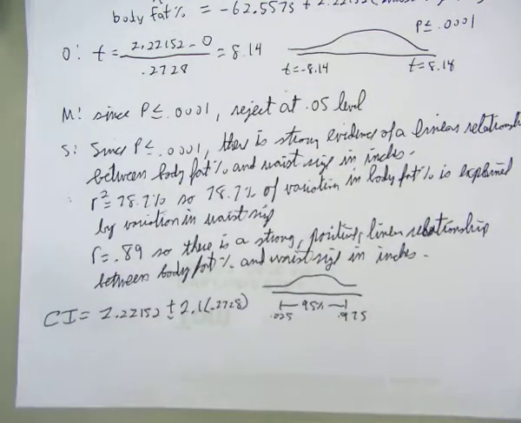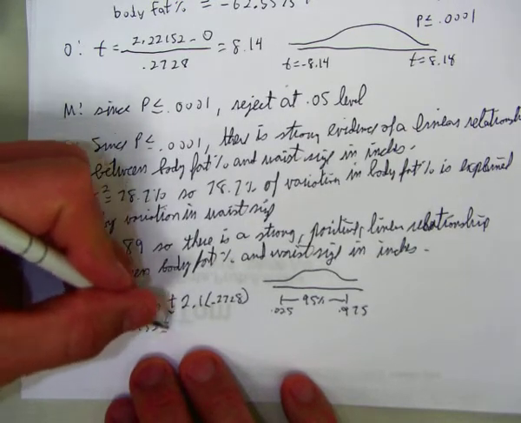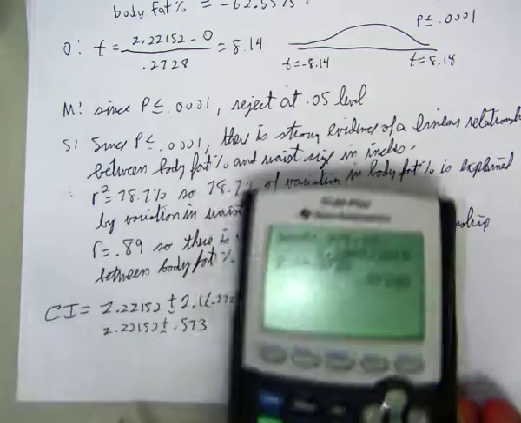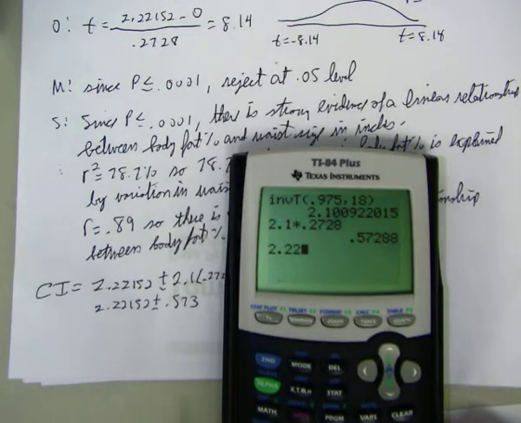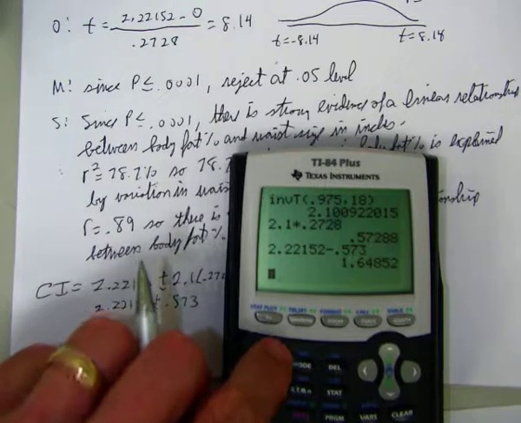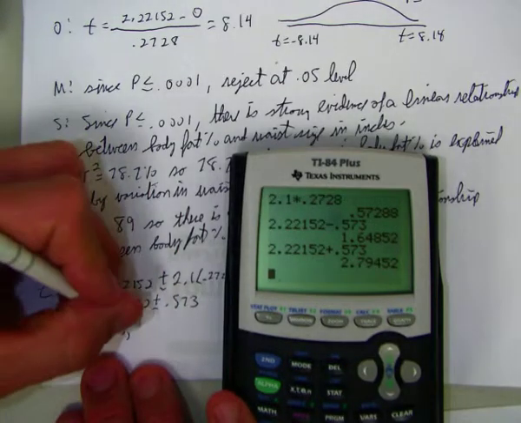Okay, so we'll do 0.573. So that's our margin of error. So let's see, 2.22152 minus 0.573 is 1.65, and we change the minus to plus, and we get 2.79.